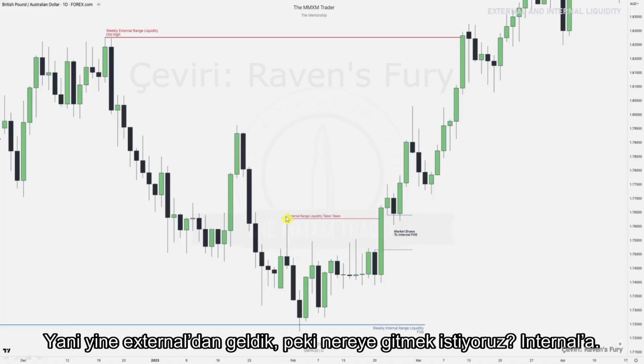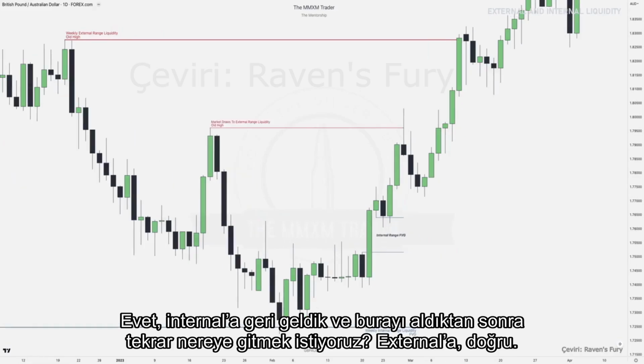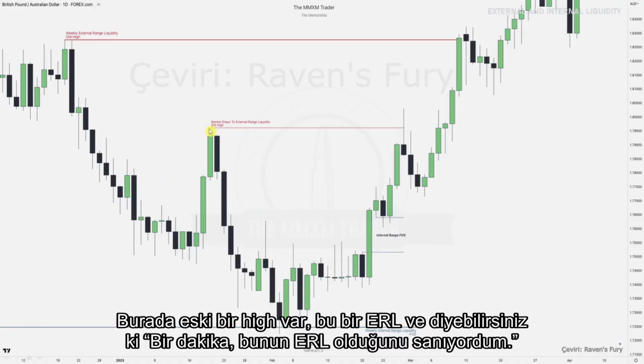So again, we go from external over here. Where do we want to go? We have internal, right? Back into internal. And after we hit that internal, where do we want to go? External again, right? So we have this old high up here, which is external range liquidity.